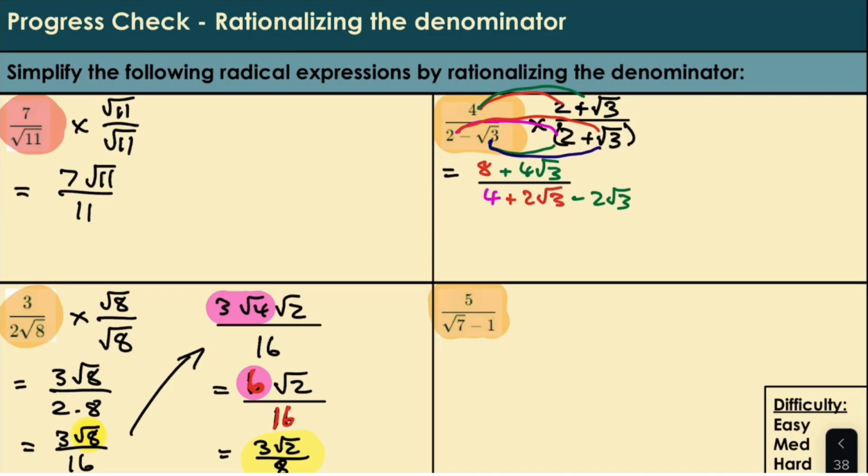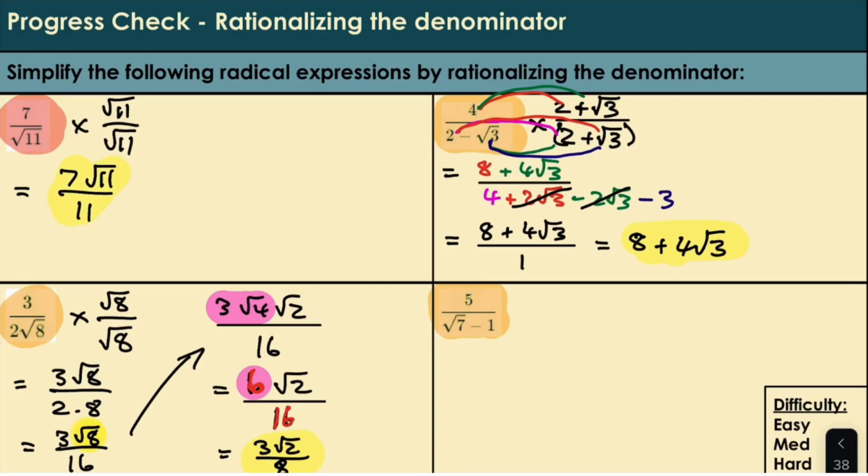Negative root 3 multiplied by root 3 is negative 3. 8 plus 4 root 3 on the top. That cancels with that, and then we have 4 minus 3, which is 1. Of course, we don't leave it as a fraction, we keep it as 8 plus 4 root 3.